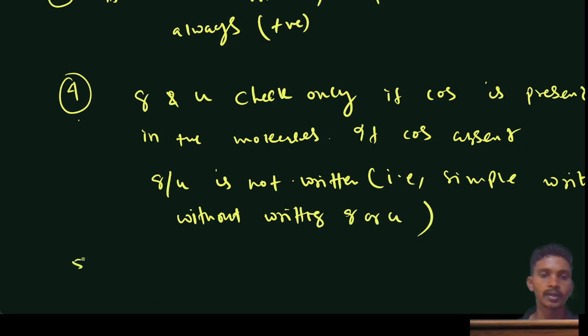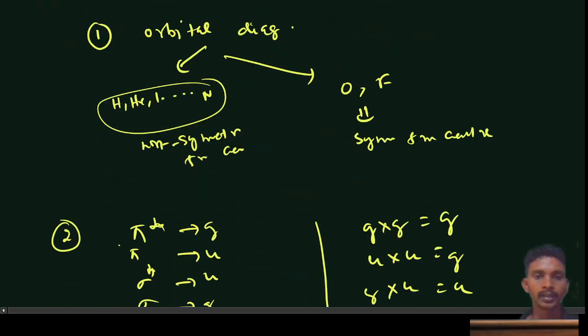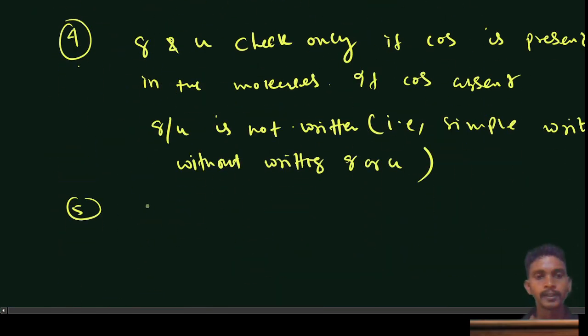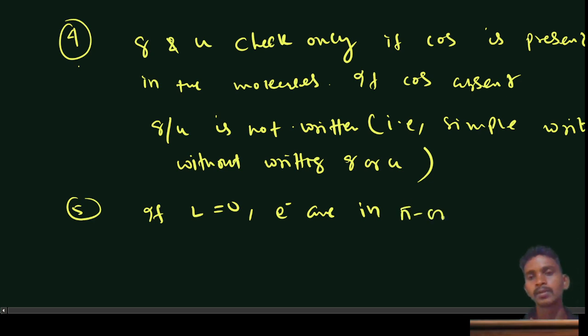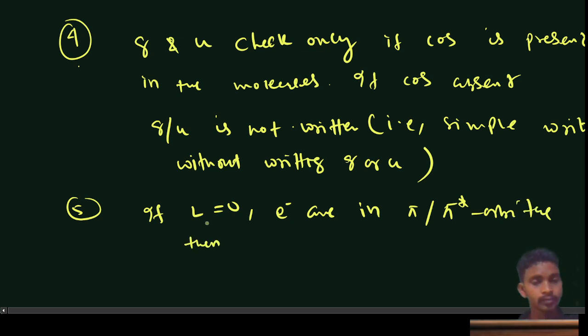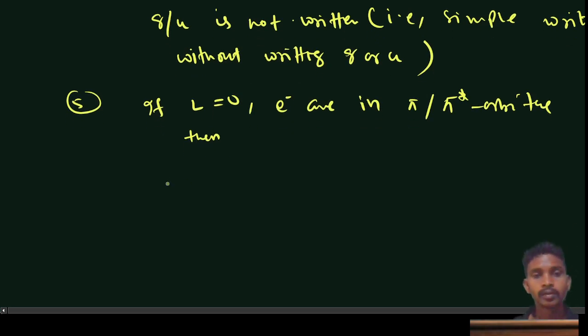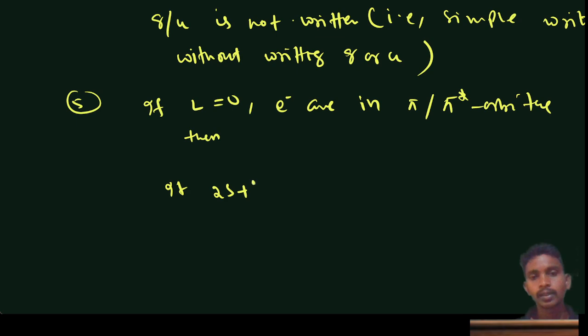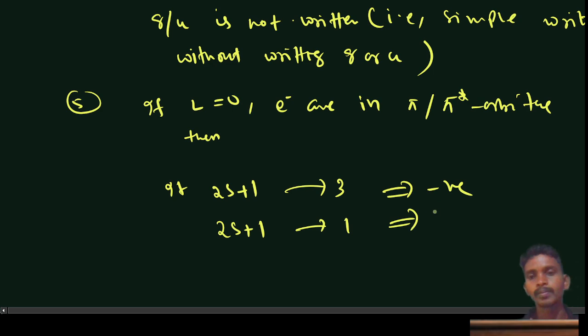Okay, and another point you have to remember: if L equals 0 and electrons are in pi or pi star orbitals, then if 2S plus 1 is 3, then always negative, and if 2S plus 1 is 1, then always positive.